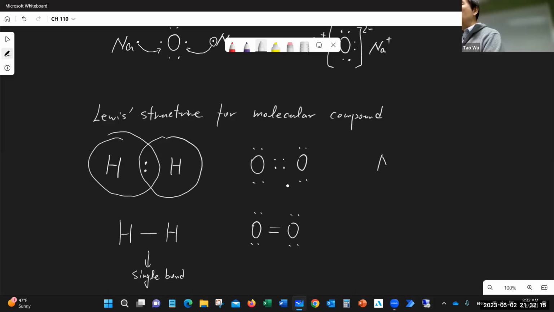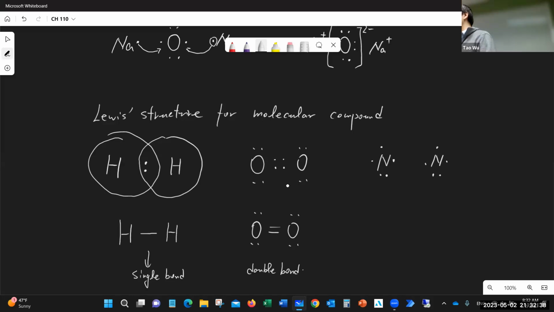And we also have what is called a triple bond. If you look at nitrogen, it has 5 electrons, and there are 3 single dots on each of them.